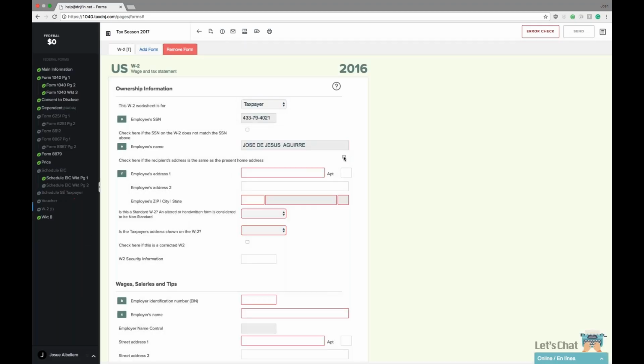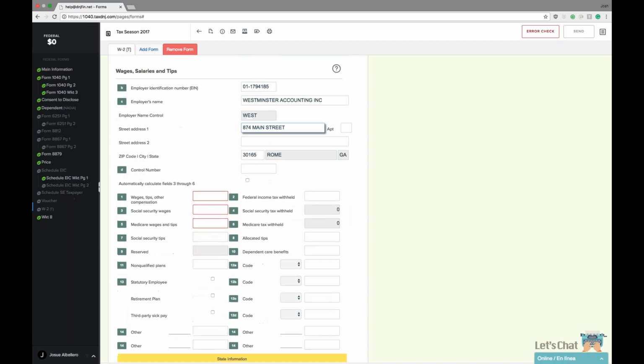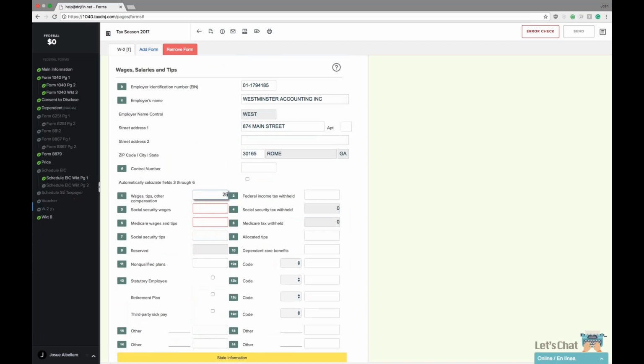Let me add that real quickly. And I'm going to say $25,000. Check it out, $25,000. There you go. And I'm also going to say that the customer did not pay any taxes. I'm going to say 0. No taxes paid. He didn't pay any income taxes. Look, check it out.